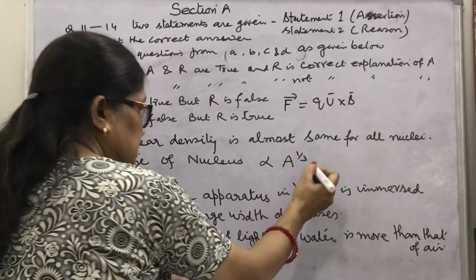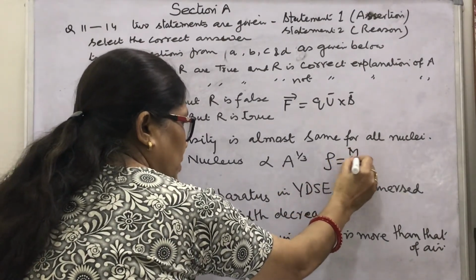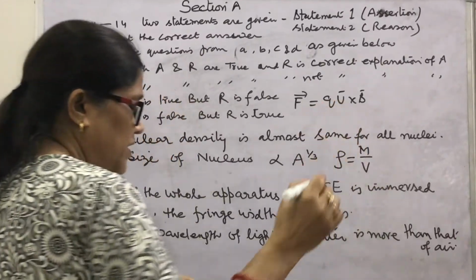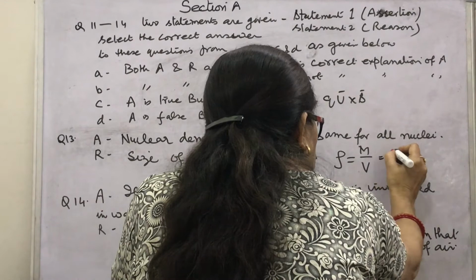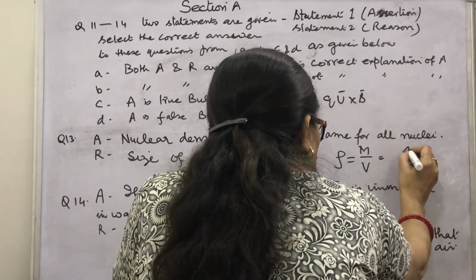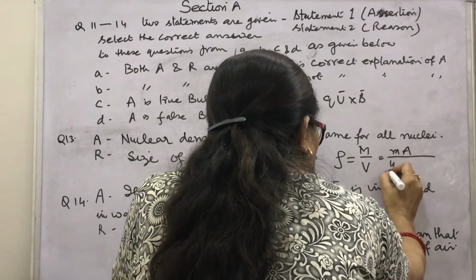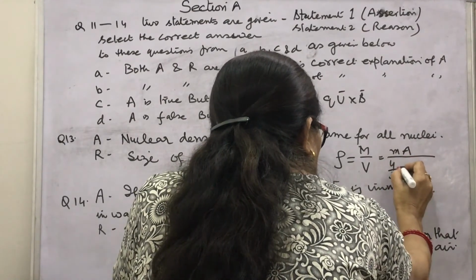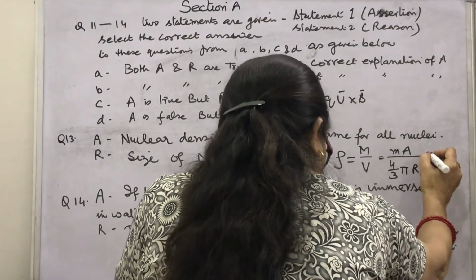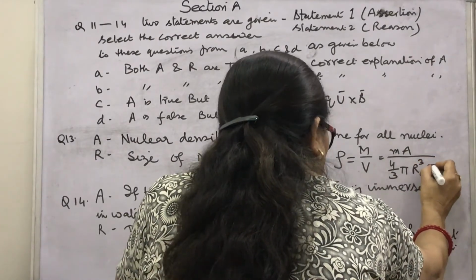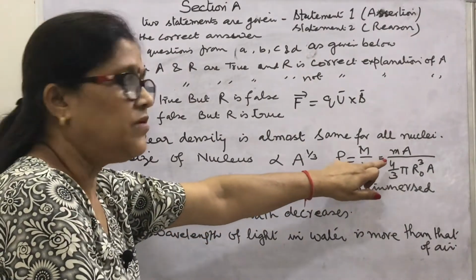Nuclear density is given by rho equal to mass upon volume. Mass is nuclear mass. If the atomic mass is A, m is the mass of one nucleon, then the volume of the nucleus is 4 upon 3 pi r naught cube into A. Learn this relation we have seen in the nuclei topic.